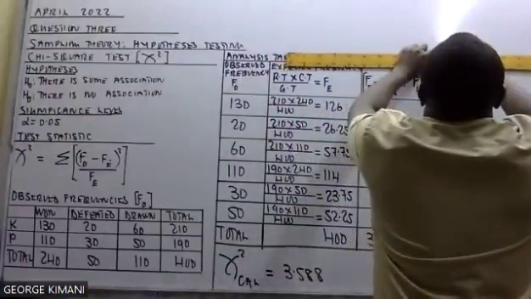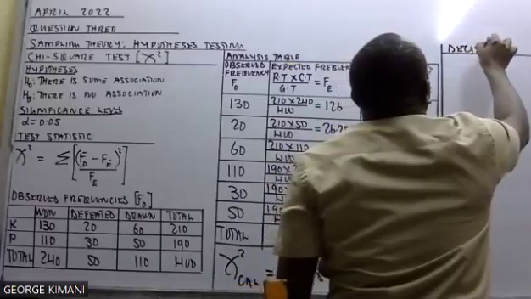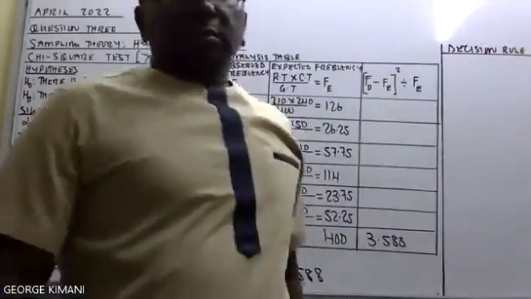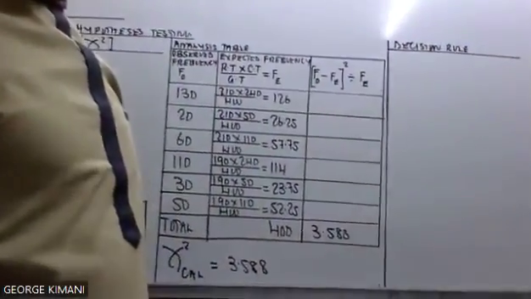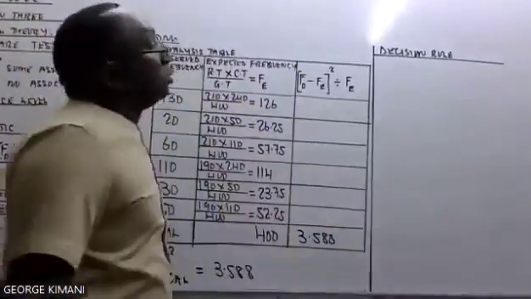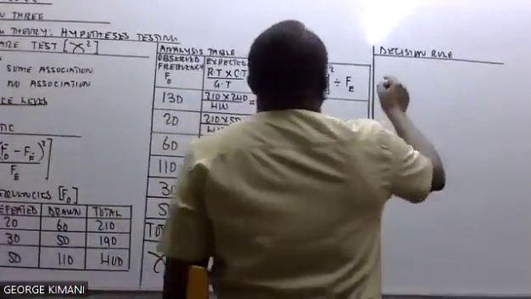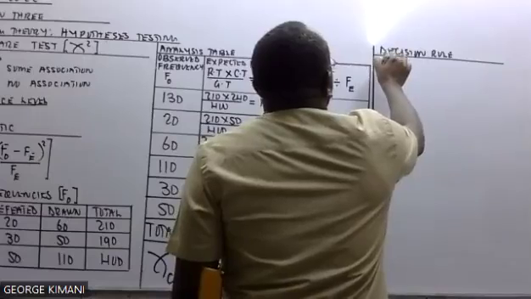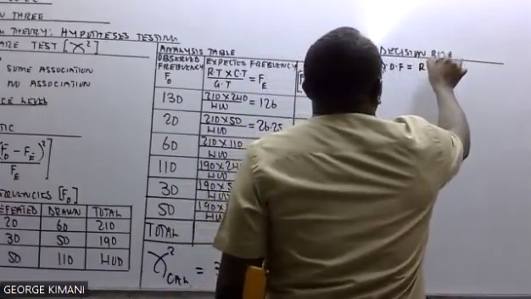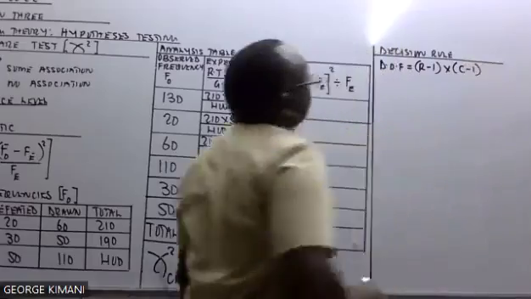So in this rule for the chi-square, we will not keep on drawing. What we shall do is, first of all, to get the degrees of freedom as rows minus 1 multiplied by columns minus 1.